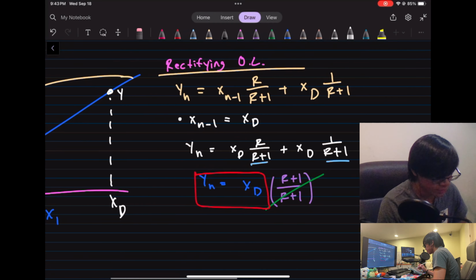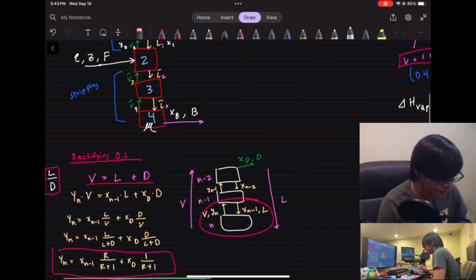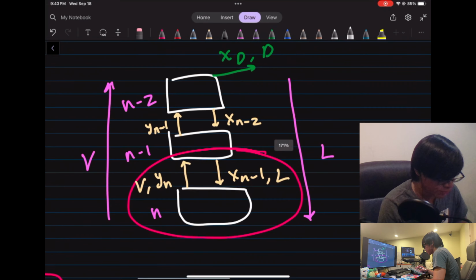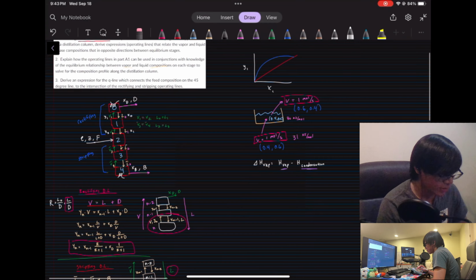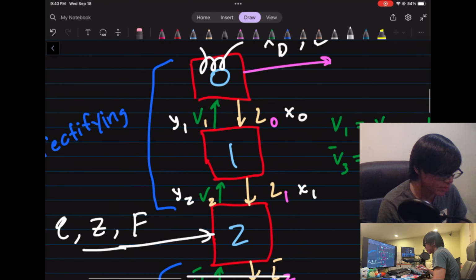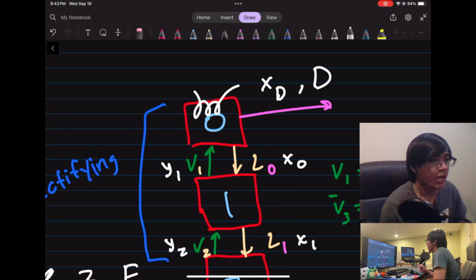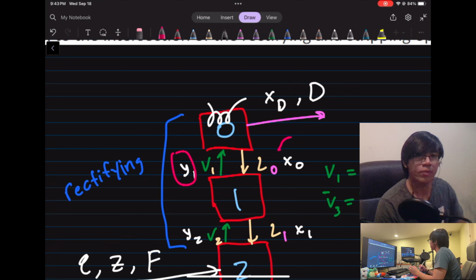I'll just draw this in terms of, I think I drew this earlier actually, here. So if we assume, well, I use n minus 1, but I'm trying to navigate through all my drawings here. But if we talk about our 0 stage, we can say our x0, if that x0 is equal to xd, well, that's our y1.